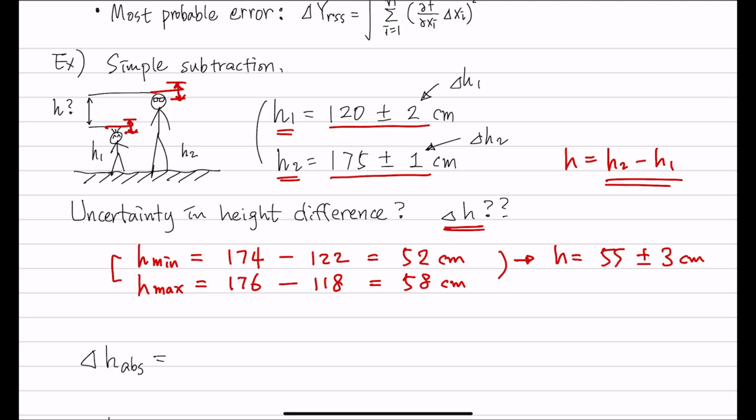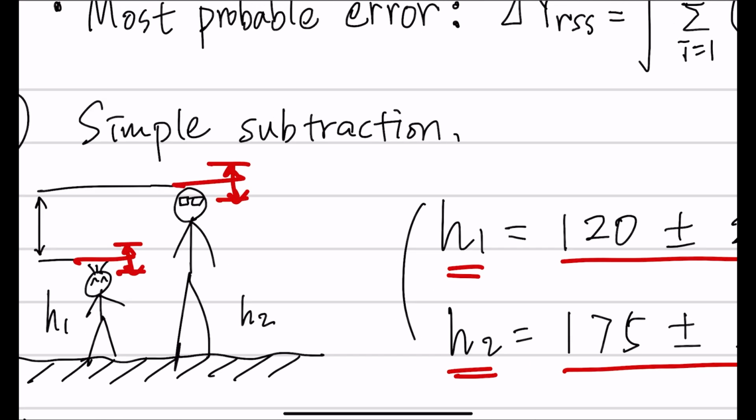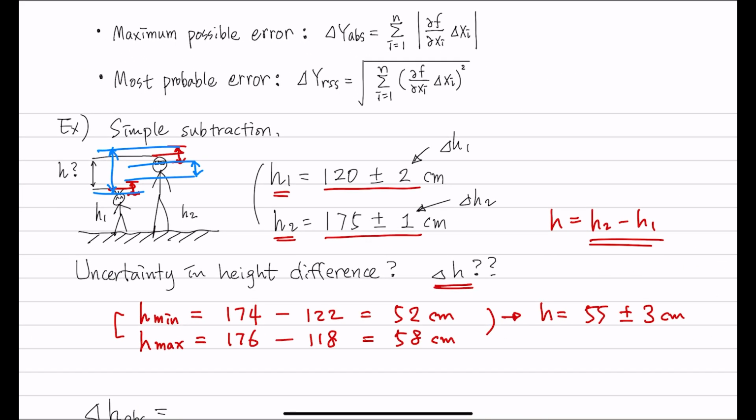So I want to find a case where the height difference is minimum versus the height difference is the maximum. Does that make sense? Yeah. So those are these two cases, and we got this.